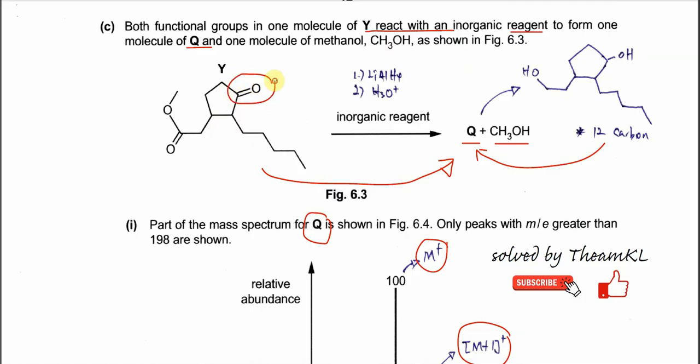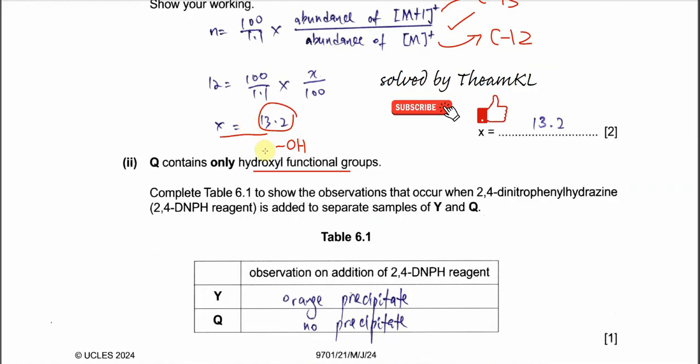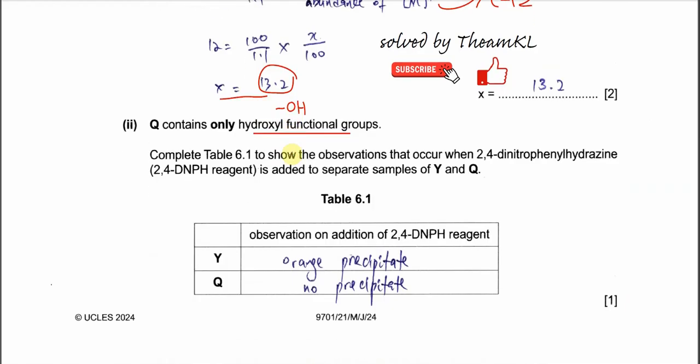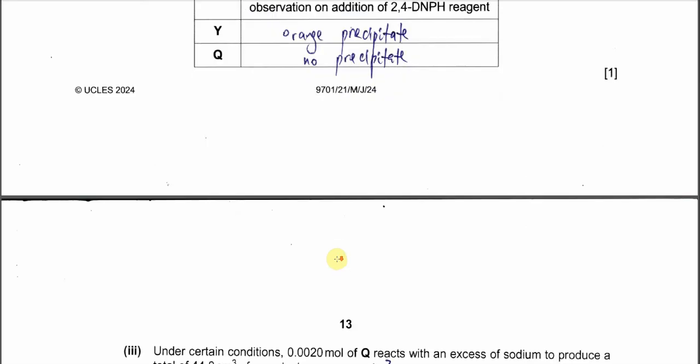Because of this carbonyl, it will react with 2,4-DNPH and form an orange precipitate. The question already tells you Q only has a hydroxyl group, no carbonyl group, so Q will not give an orange precipitate. That's the observation.